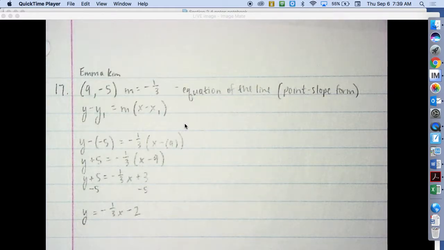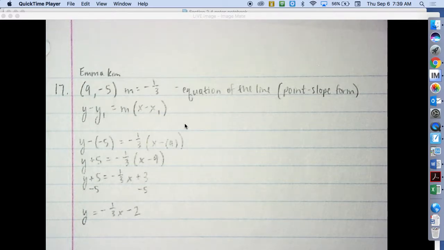Point-slope form is y minus y1 equals m times x minus x1. So if you substitute the point for y1 and x1, and -1/3 for the slope, you get y minus -5 equals -1/3 times x minus 9. Two negatives make a positive, so it'll be y plus 5. Then you distribute the -1/3, so y plus 5 equals -1/3 x plus 3. Subtract 5 from both sides, and you get y equals -1/3 x minus 2.